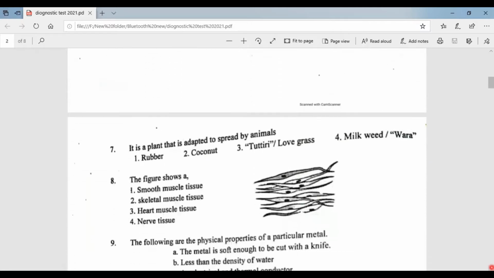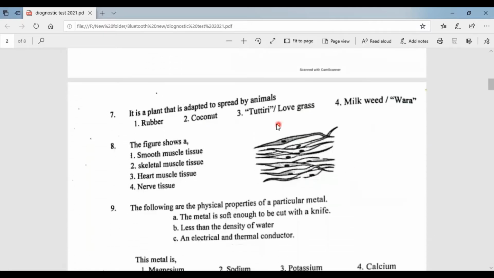Seventh question, it is a plant that is adapted to spread by animals. Here the answer is answer number 3, tuttiri or love grass. They can attach to the animal body by their hooks. Rubber disperses by explosive mechanisms. Coconut disperses by water.